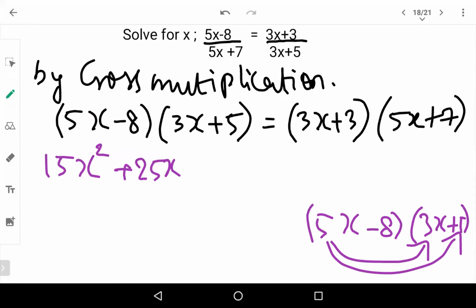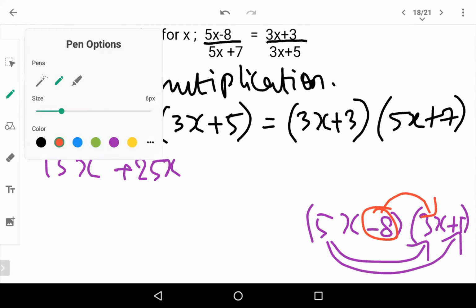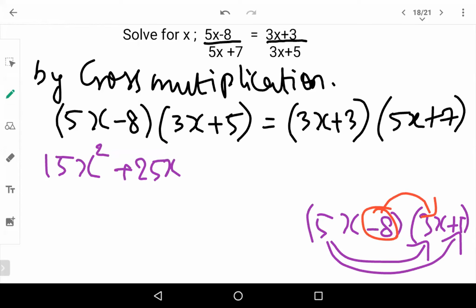And then minus 8. Minus 8 into 3x will give me 8 3s are 24, and x will remain. So minus 24x. How did I get minus 24x? Minus 8 into 3, so 8 3s are 24, so minus 24, and 3 had an x, so 24x.